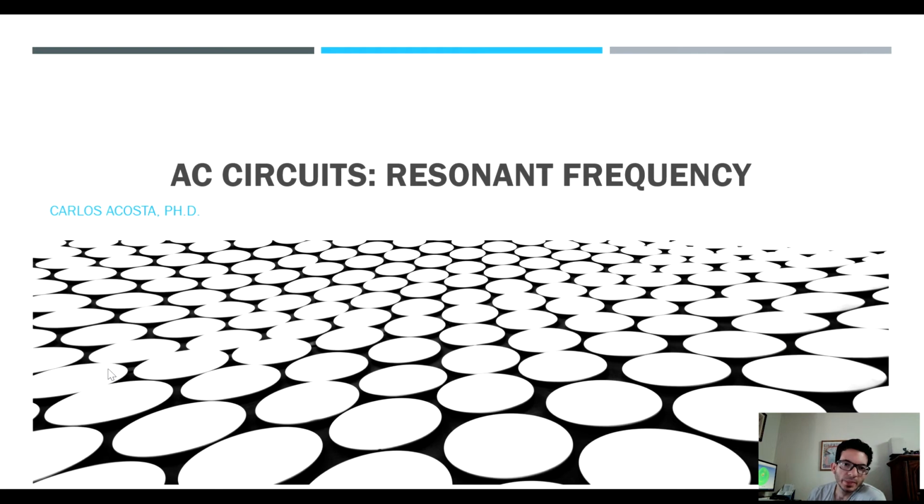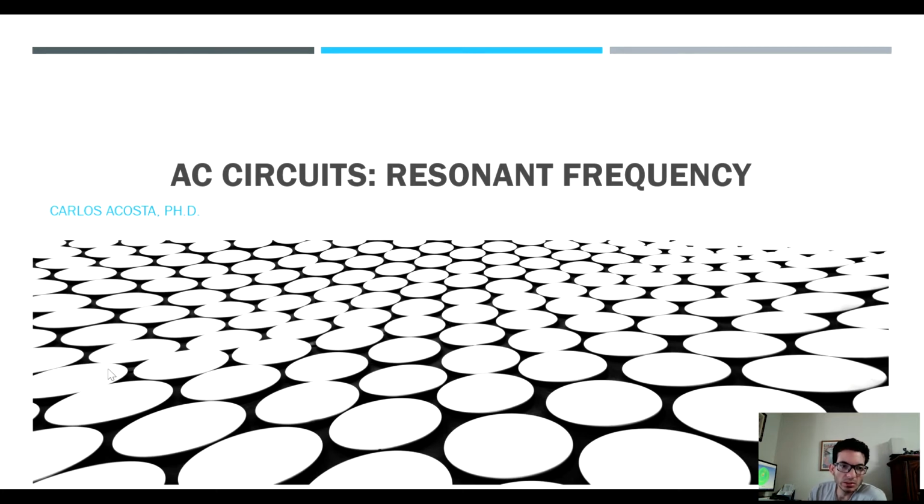Hello, today we want to talk about resonant frequencies. By now, we've talked about elements in series in a circuit when you have capacitors, inductors, and resistors. We know what the impedance and the reactance of a circuit or the elements are, the total impedance.